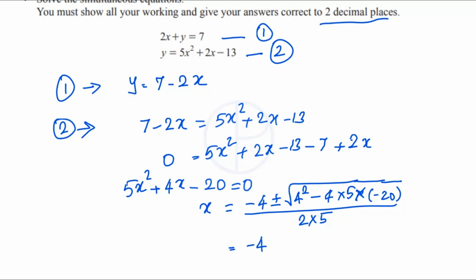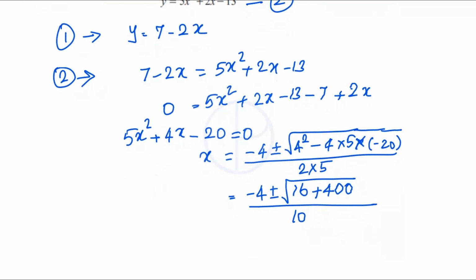So minus 4 plus or minus the square root of 16 minus, multiplied by minus, this will be plus, 4 times 5 is 20, 20 multiplied by 20 is 400. Let's take the solution as x equal to minus 4 plus square root of 416 divided by 10.